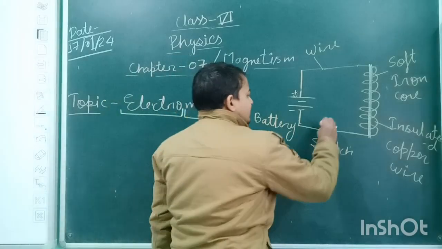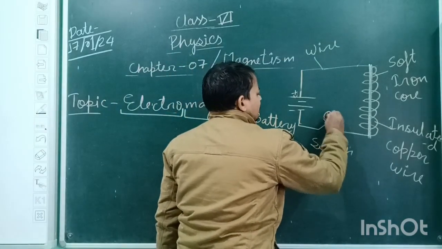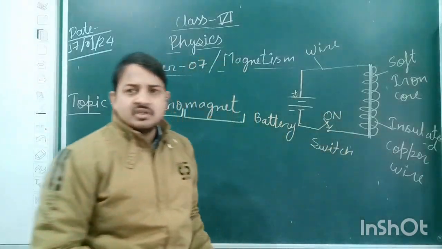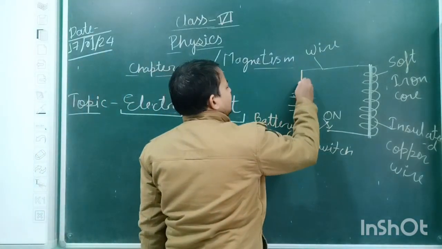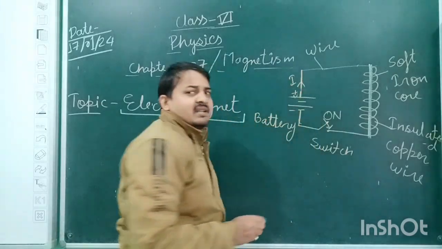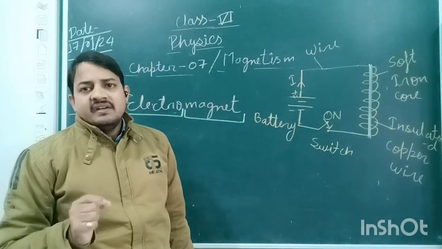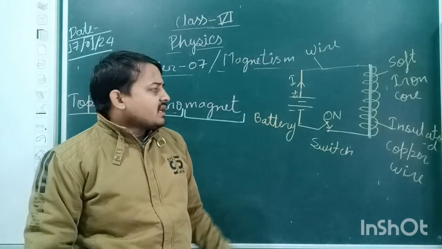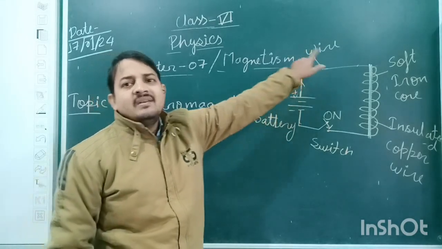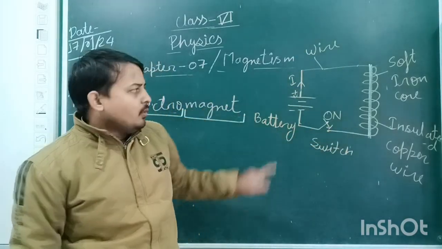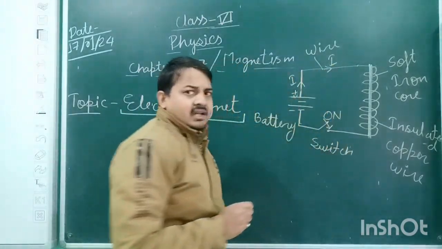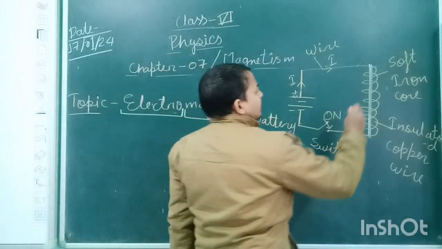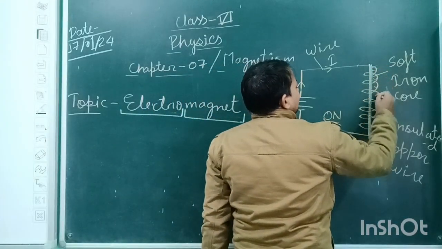Whenever I turn on the switch, so right now this is in the on position, what will happen? Electrical current is passing from this positive terminal, and I have already explained in the class that each and every time the electrical current will start from the positive terminal and come to the negative terminal. I is the symbol of the electrical current. Now electrical current is passing in this conductor.